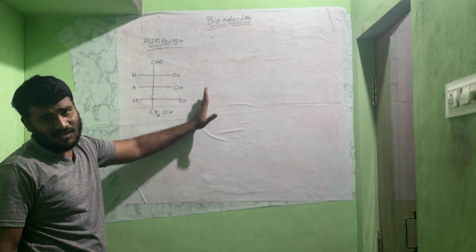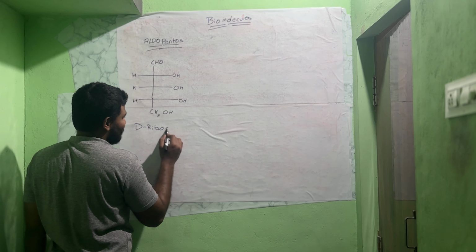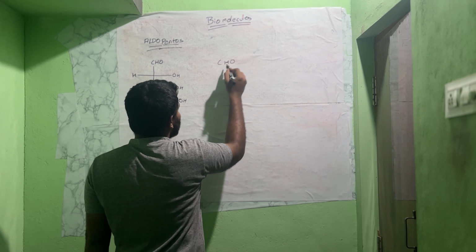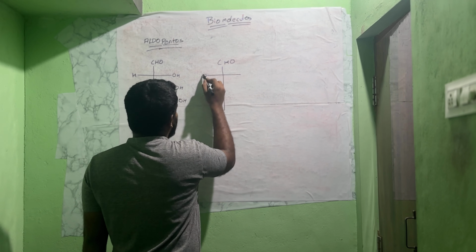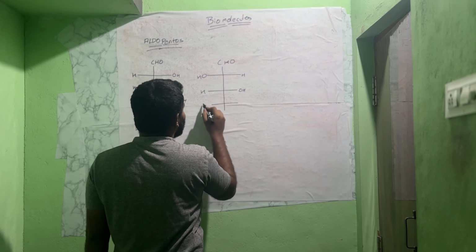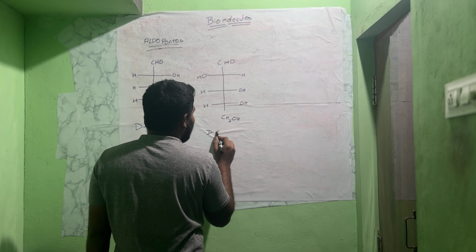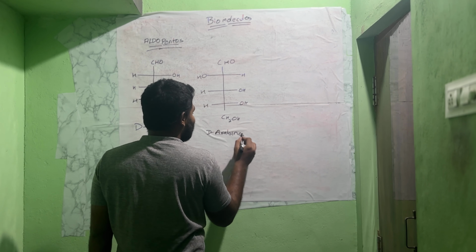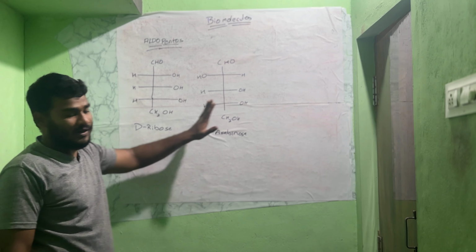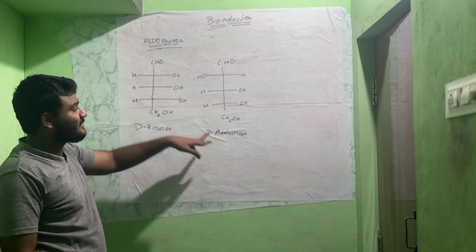When 3 OH are present at right side, it is known as D-ribose. Now we will see another structure for this. CHO, one OH is converted from right to left. Configuration is changed. This is D-arabinose. If three OHs are present at right side, it is D-ribose. If one OH configuration is changed from right to left, that is D-arabinose.